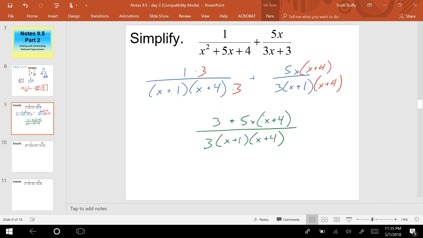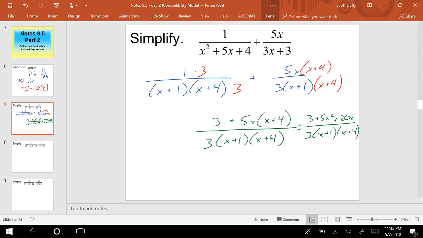And 5x times x is 5x squared, so I'll have 3 plus 5x squared, and then 5x times 4 is 20x, all over 3 times x plus 1 times x plus 4.